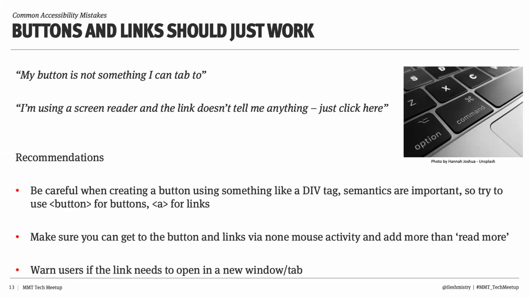But it's important to stick to semantics, because if you go for a div tag, it's a question of whether that can be clickable. In this case, the tab would probably skip that area unless you indicate that it needs to be tabbed onto.